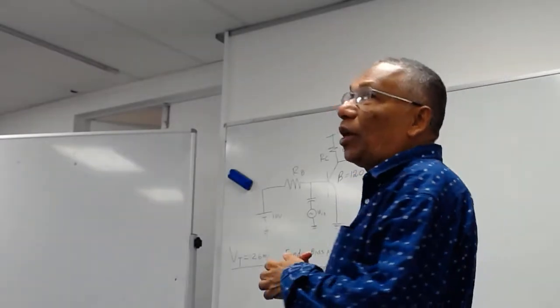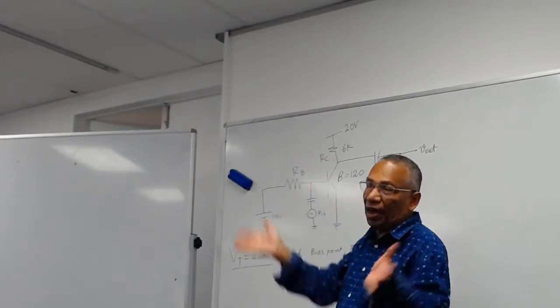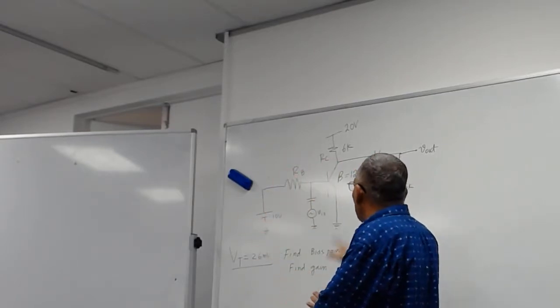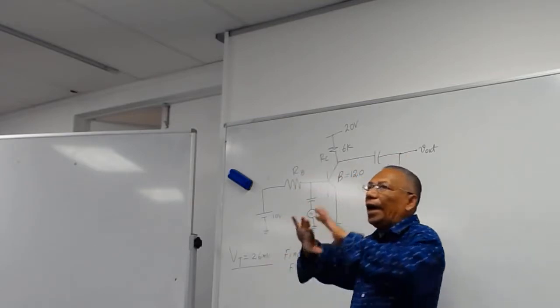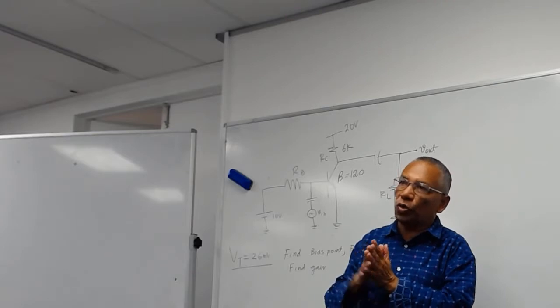You better do it step by step. Don't use any equation. First draw the DC equivalent circuit, then do the DC analysis, then go to the AC equivalent circuit and do the AC analysis. So remove this, and draw your DC equivalent circuit first before you proceed to the AC part.